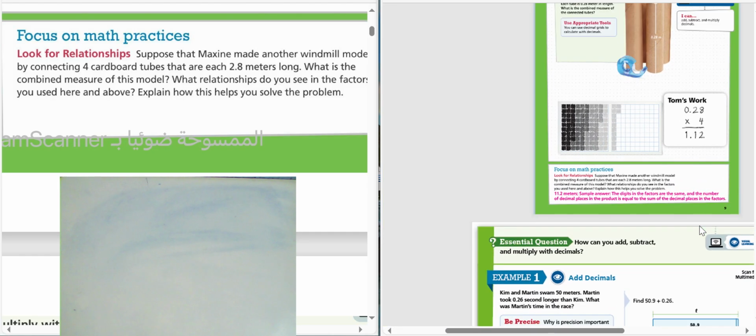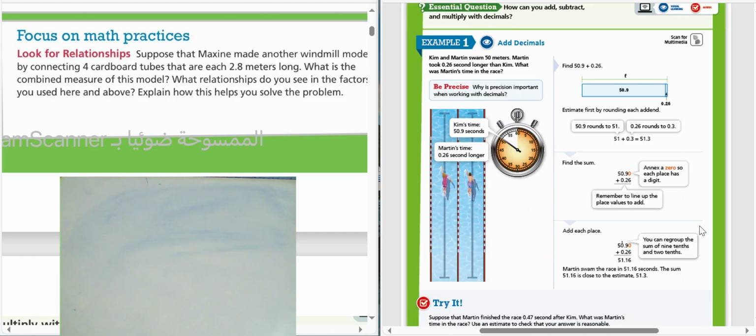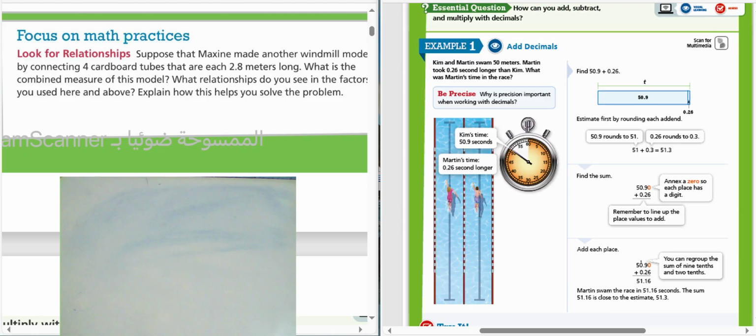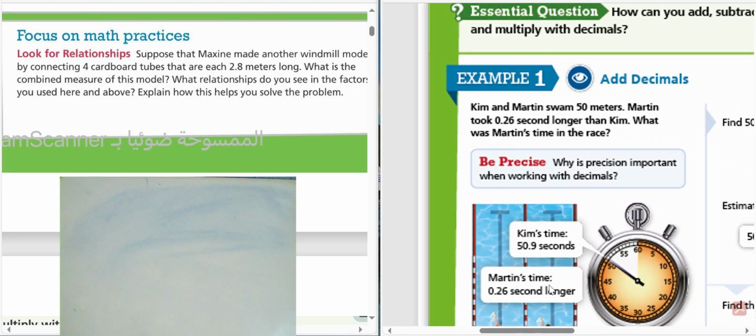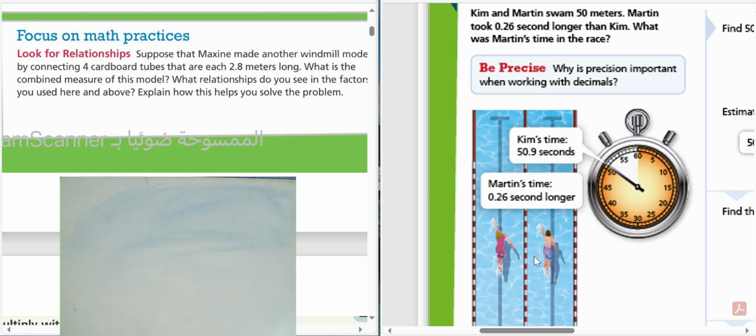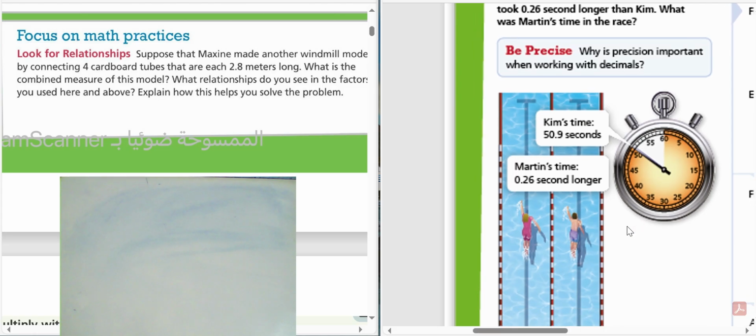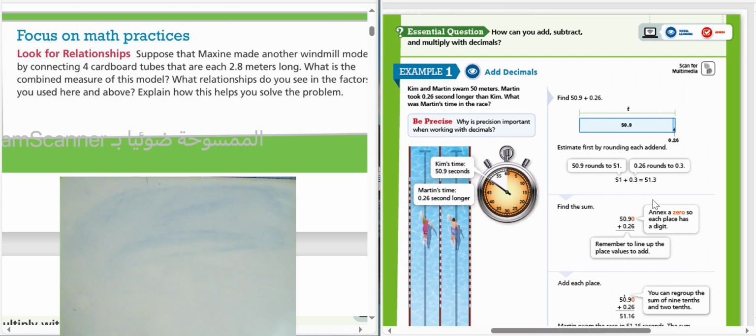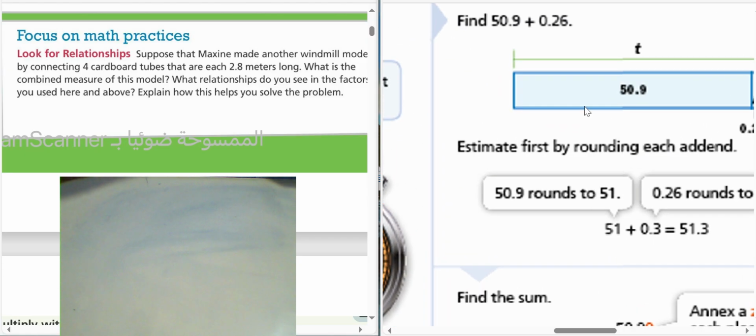Okay, look at the example here. We have a clock. This number 50.9 seconds, and Martin's time is 0.26 longer. We can find the difference between them. And now we review addition of two numbers here.